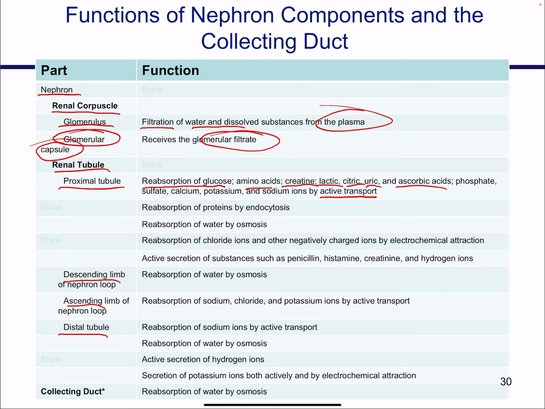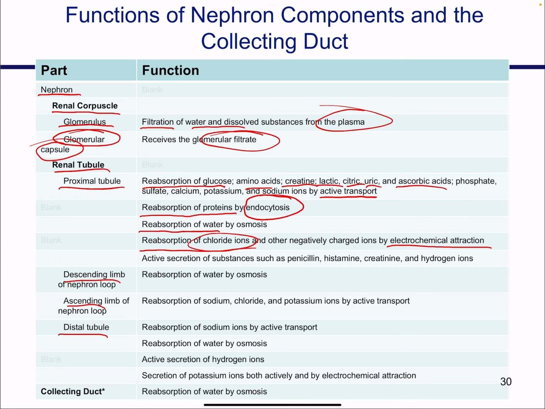You're going to have reabsorption of proteins by a process called endocytosis, which is also an active process requiring ATP. We have reabsorption of water by osmosis and reabsorption of chloride ions and other ions by electrochemical attraction.